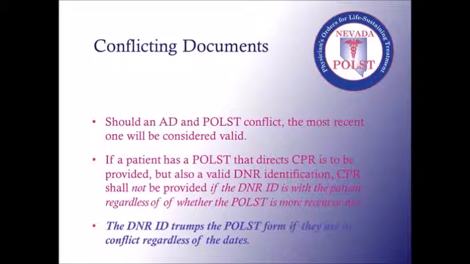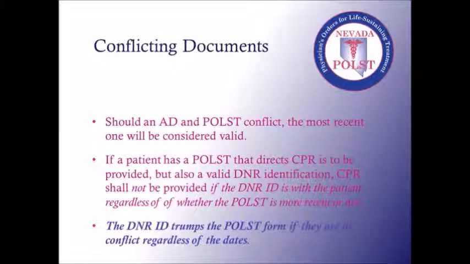When it comes to conflicting documents, should you have an advance directive and a POLST which are in conflict, then the most recent one will be considered valid. If a patient has a POLST that directs CPR is not to be provided, but also has a valid DNR identification on their person, then CPR shall not be provided if the DNR ID, again, is with that patient, regardless of whether the POLST is more recent or not.